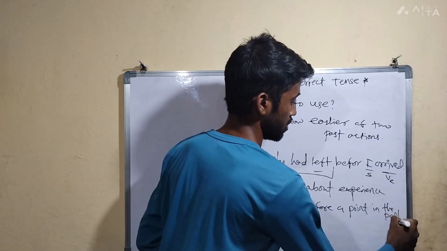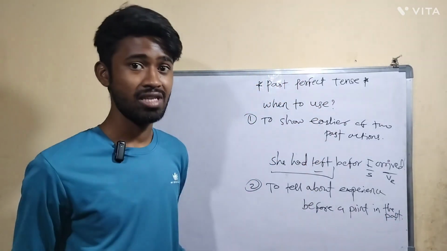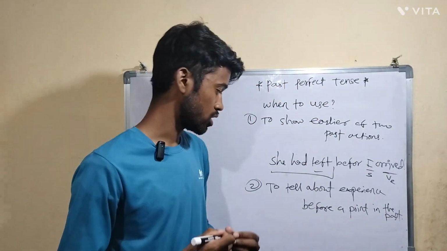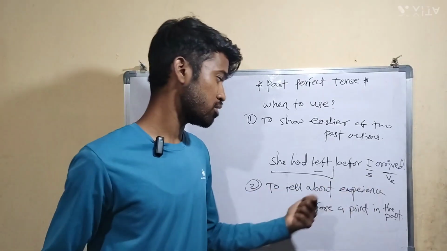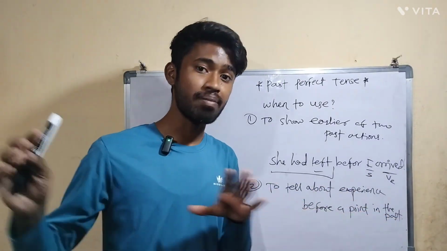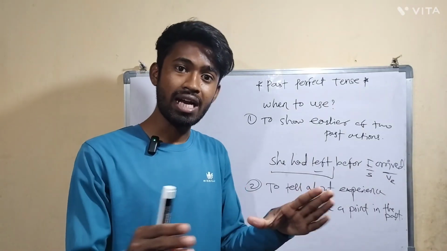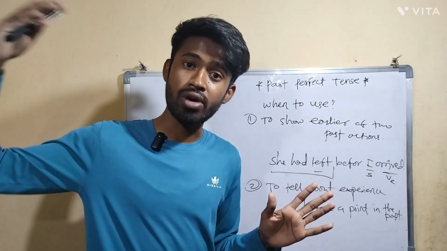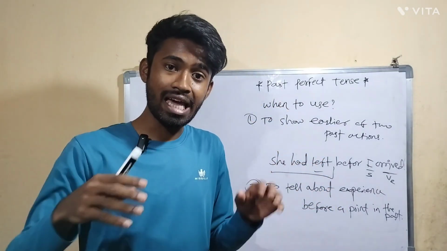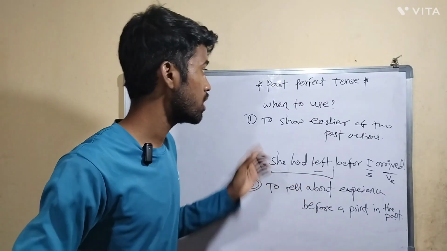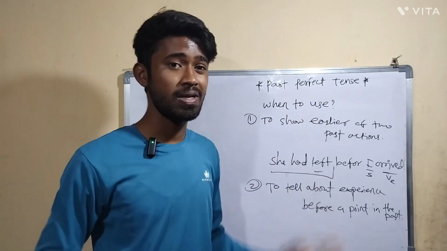So here we are discussing past perfect tense, right? So everything will be in the past only. Now what does this mean? Let's say you had one beautiful experience one year ago. So to tell that experience now, which tense will you use? You have to use past perfect tense.